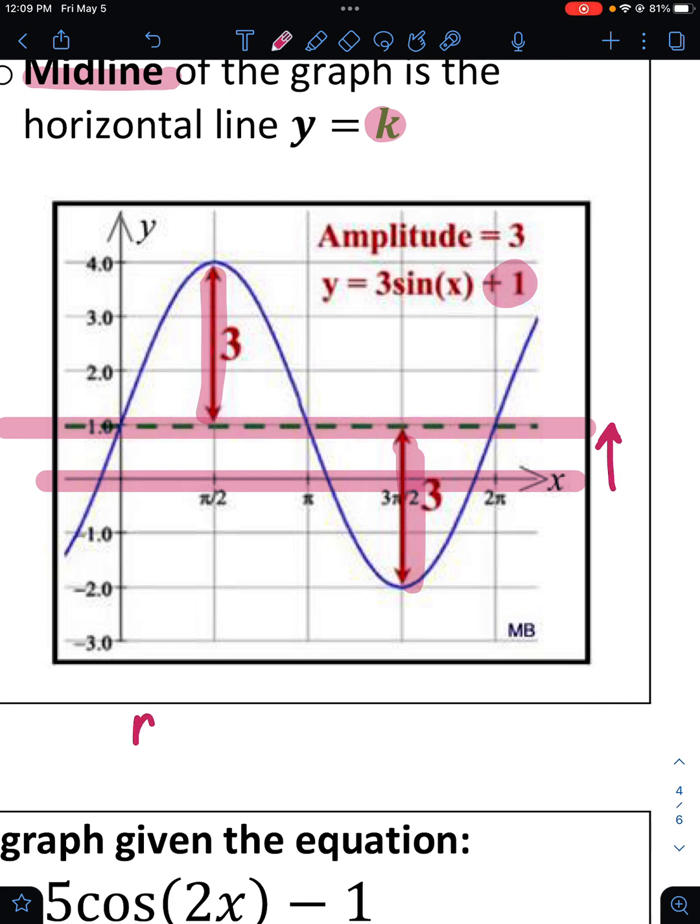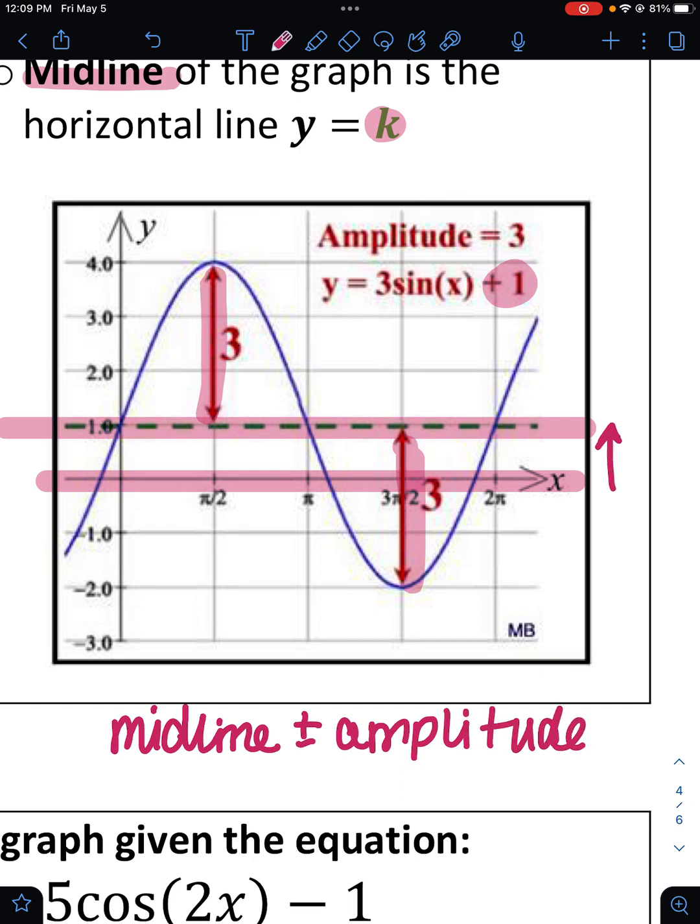Okay. So let's just make a little note of this: your midline plus or minus the amplitude will give you those max and minimum values.